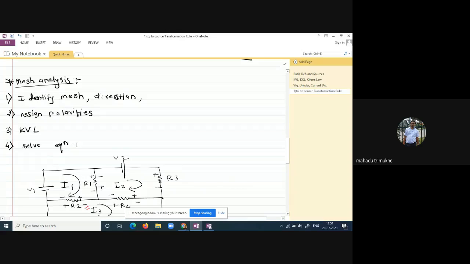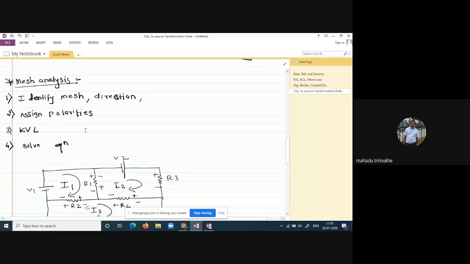There are two methods for solving simultaneous equations. The first method is by using Cramer's rule, or you can use a calculator directly. There is no mandatory method; Cramer's rule is actually so lengthy. Instead of Cramer's rule, people use only the calculator to solve the simultaneous equations and get the values of I1, I2, and I3.